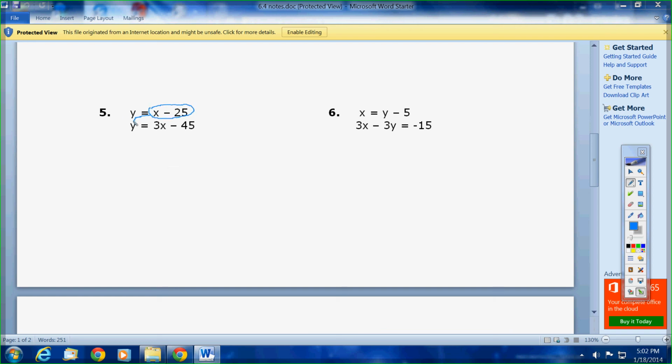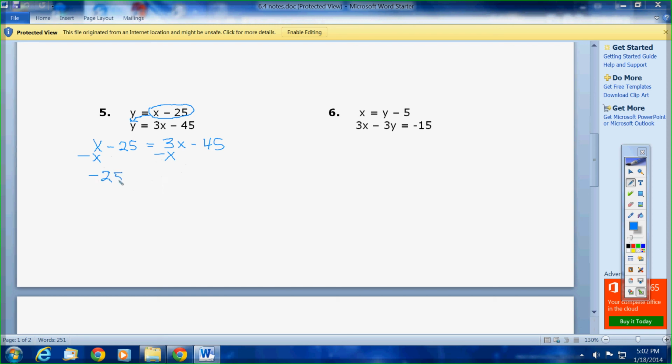It's going to go right here in the other equation. So I'm going to have x minus 25 equals 3x minus 45. So now I have x's on both sides of the equation. I like to take my smaller x and move it over to the side of my larger x. So I'm going to subtract x from both sides to get all of my x's on one side.